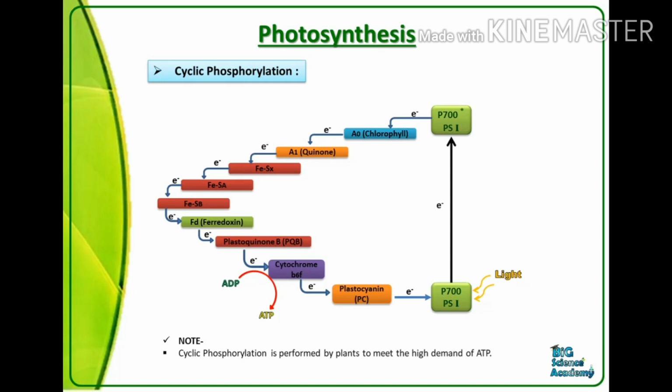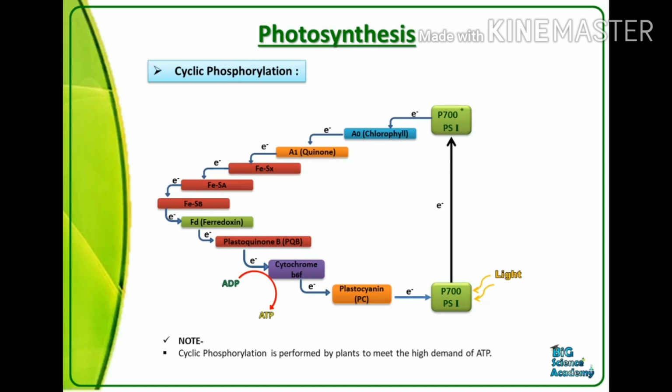But in case of cyclic photophosphorylation, only one photosystem is present, that is the photosystem 1 or P700. The P700, upon being excited by light, gets to an excited state and donates an electron.